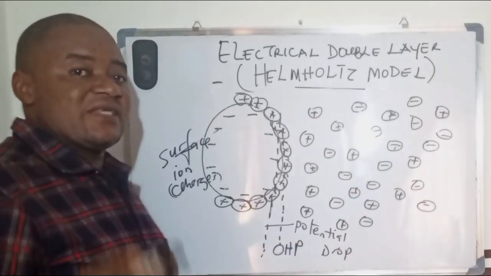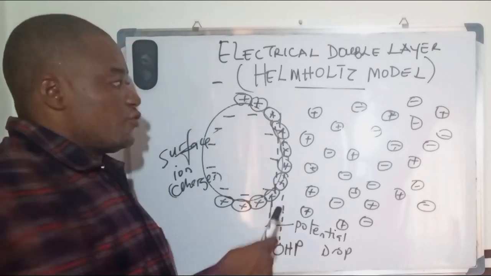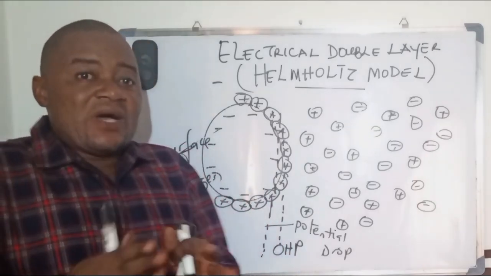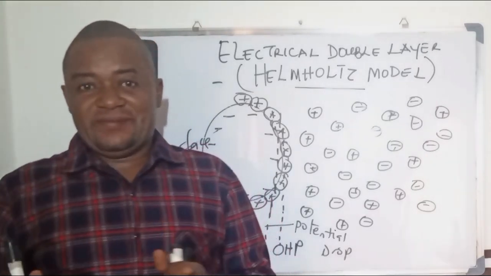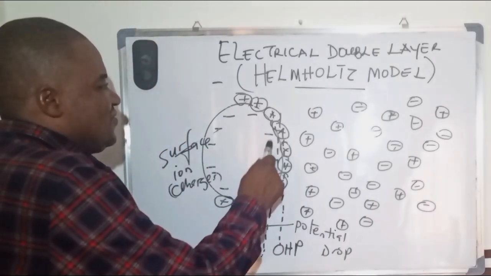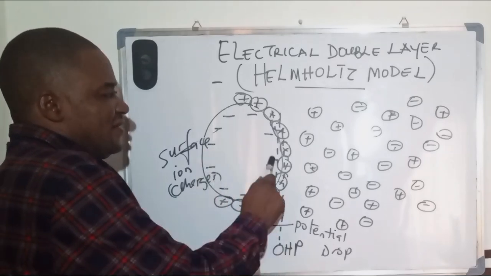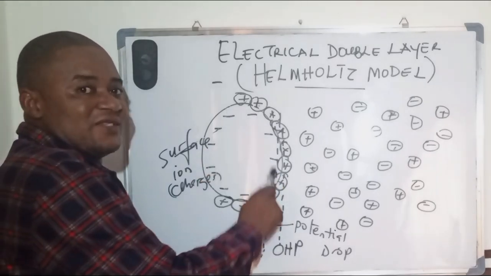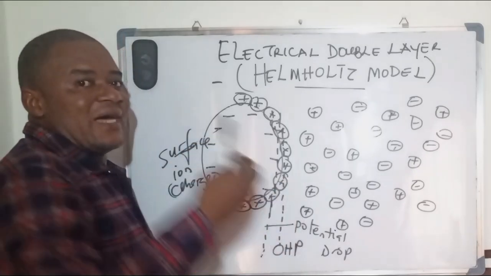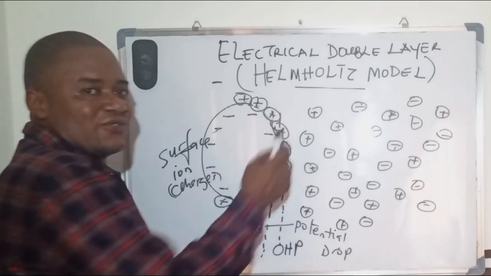And that is why there is a diffuse layer in the Stern model, and we're going to see later how it causes this effect. Apart from that, he also did not take into account the fact that there is adsorption of ions. In as much as these ions are being taken by the electrode, there could also be adsorption of ions in solution.